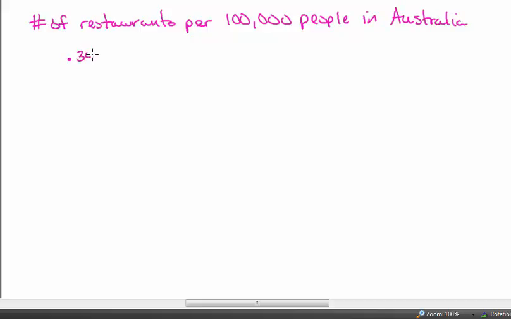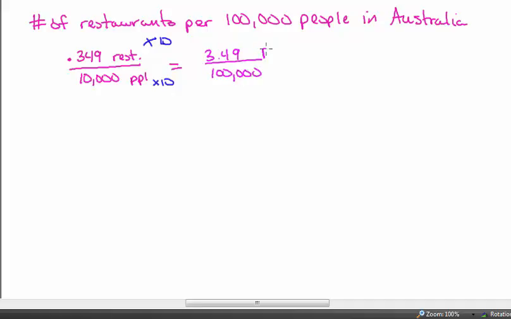They give us the original ratio that there are 0.349 restaurants for every 10,000 people. And then we don't really like to have decimals in our ratios, so they multiply both the top and the bottom by 10. So they are still leaving decimals in there, even though that's not really normally what we do. So there's 3.49 restaurants for every 100,000 people.